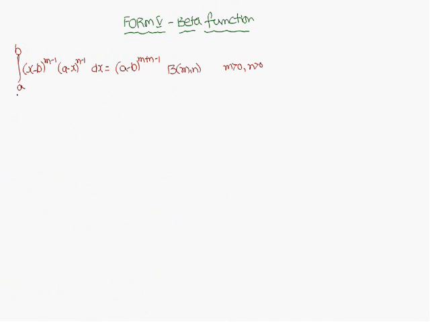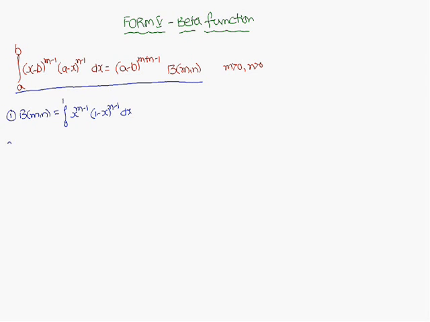So form 5 says integral a to b so and so is equal to a minus b whole power m plus n minus 1 beta m comma n. For that, what you have to do is consider beta m comma n is equal to integral 0 to 1 x power m minus 1 into 1 minus x whole power n minus 1 into dx.